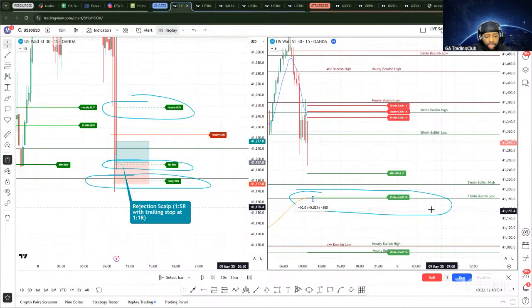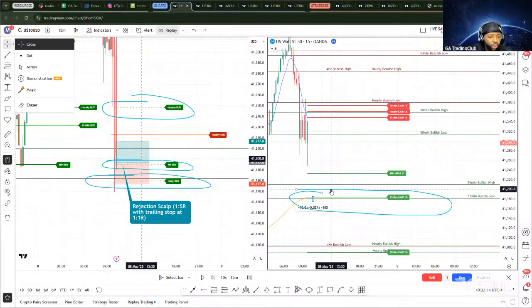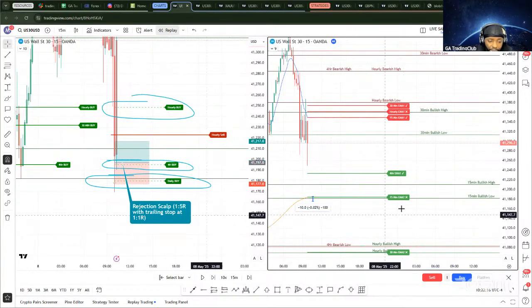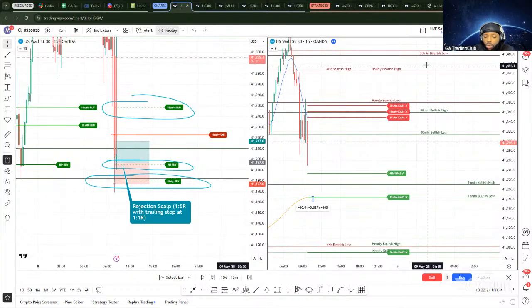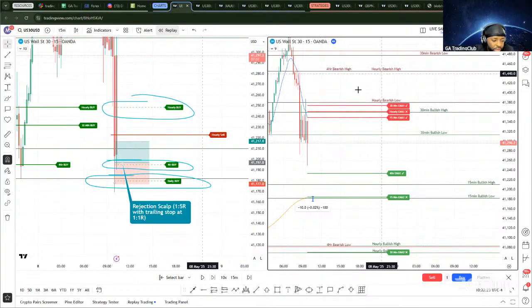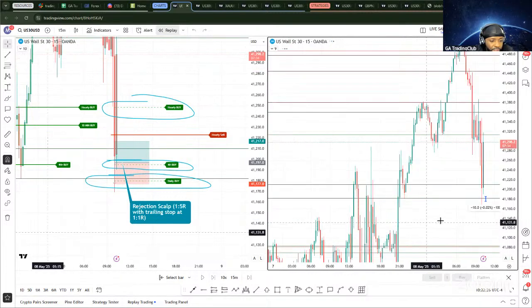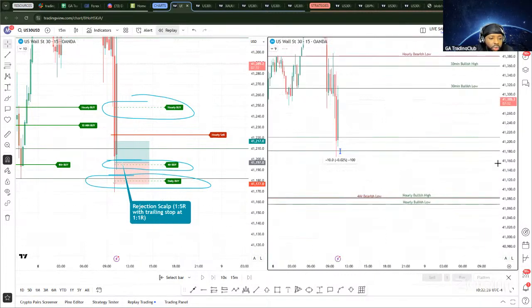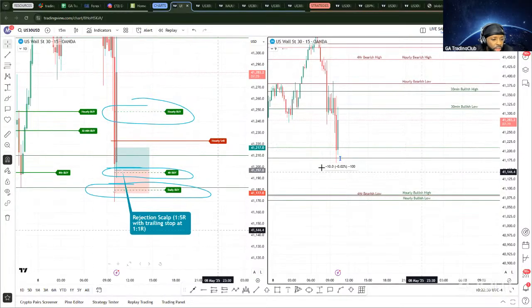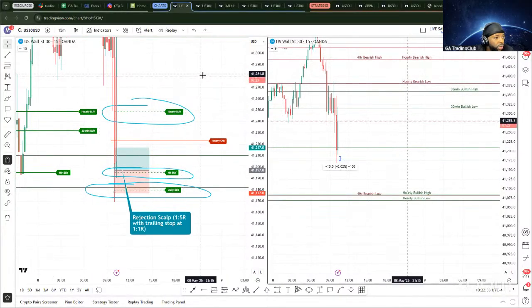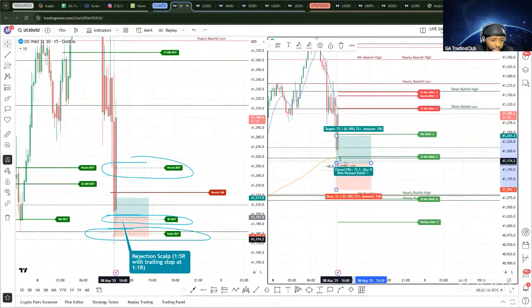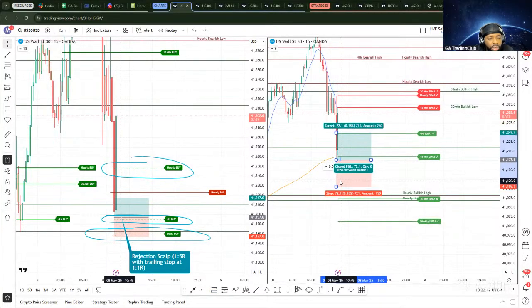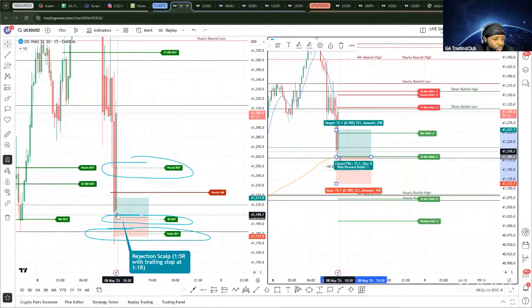So the idea for this whole thing is that when price gets to an EMA that is not retested, price will reject in the opposite direction, right? Because all these rejection scalps are counter trends. And you can see when we had that, and if I turn this off, you can see price literally came to that 10-point threshold and it ideally validated where we entered.